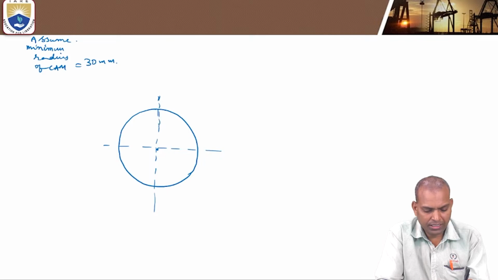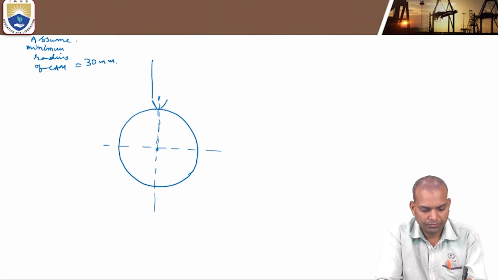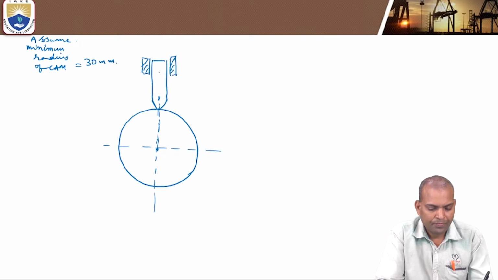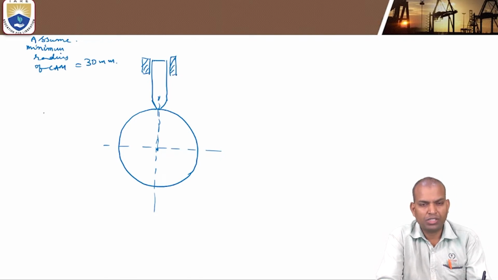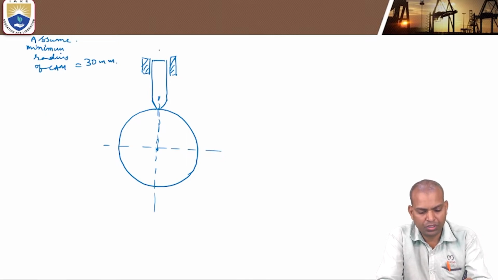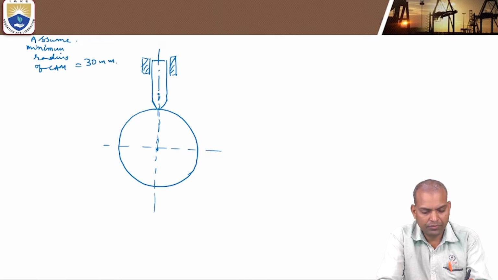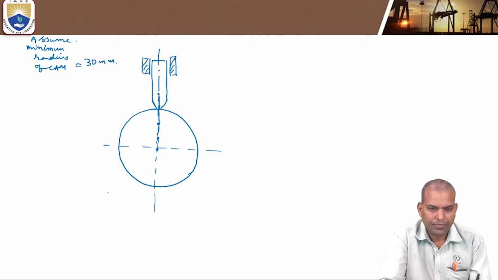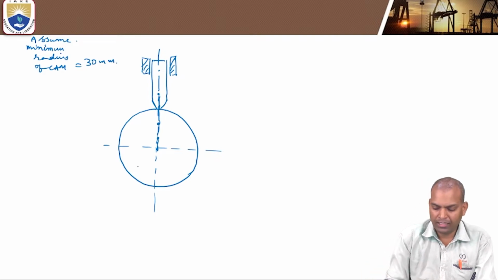Yes, this is the axis of the follower. This is a freehand sketch. The axis of the follower is passing through the axis of the shaft. This is the axis of the follower. Now this is the reference axis. What is the outstroke angle?